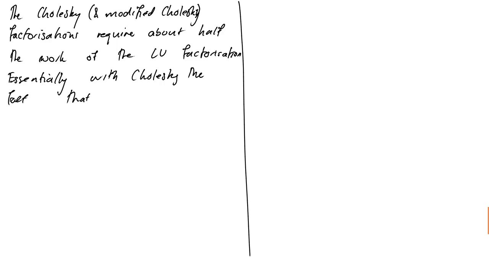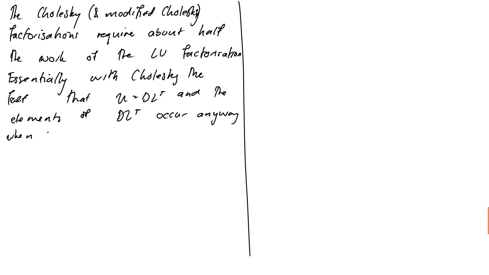So the fact that U equals D L transpose, and the elements of D L transpose occur anyway when finding L, that means that U is basically free. You get it for free.